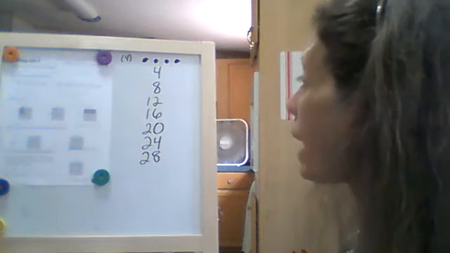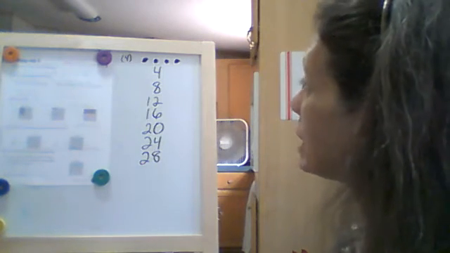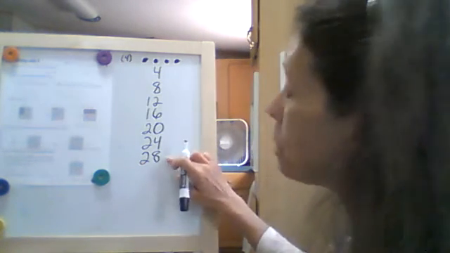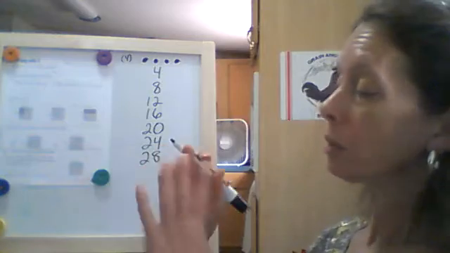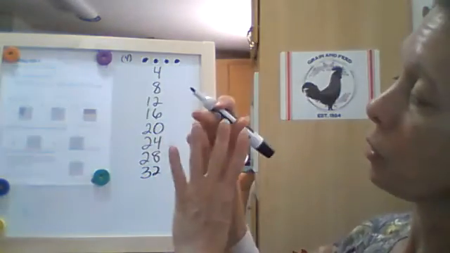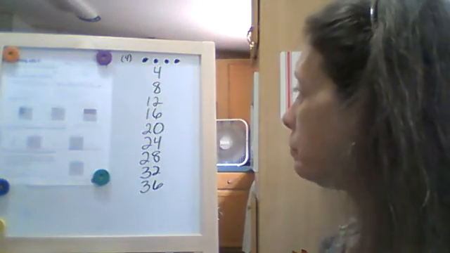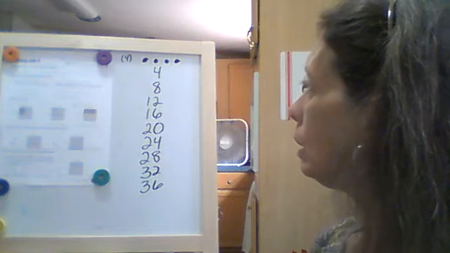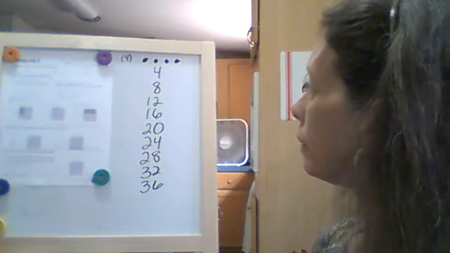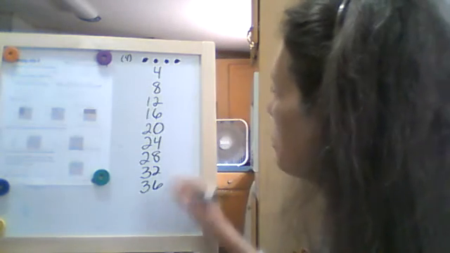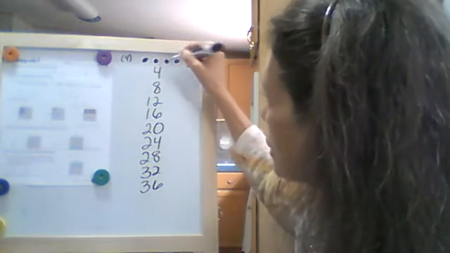If you don't know that, we can do repeated addition. 28 plus 4, 29, 30, 31, 32, 33, 34, 35, 36. Much the same as what is up here. And then let's go to the last one, because we've only got one more. 37, 38, 39, 40.